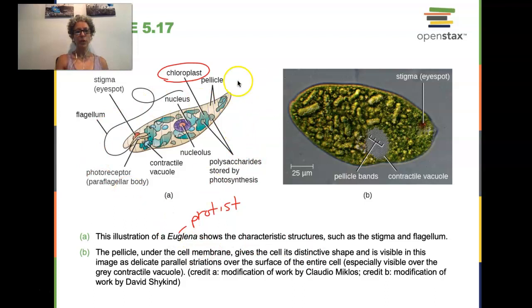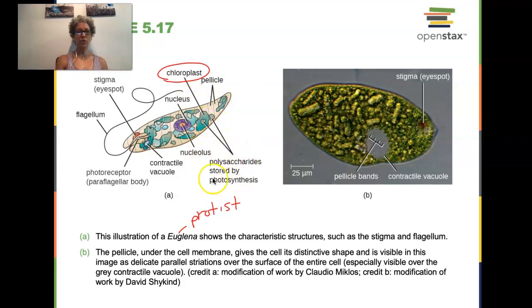Euglena, shown here, is both a cartoon and a light micrograph. It has an eye spot, so it does not have an eye. It is not an organ that is structured like ours, but it is a grouping of chemicals that are light sensing. So it's an eye spot, it's not an eye, it's not even an organelle, but it does have the ability to sense light. It does have chloroplasts.